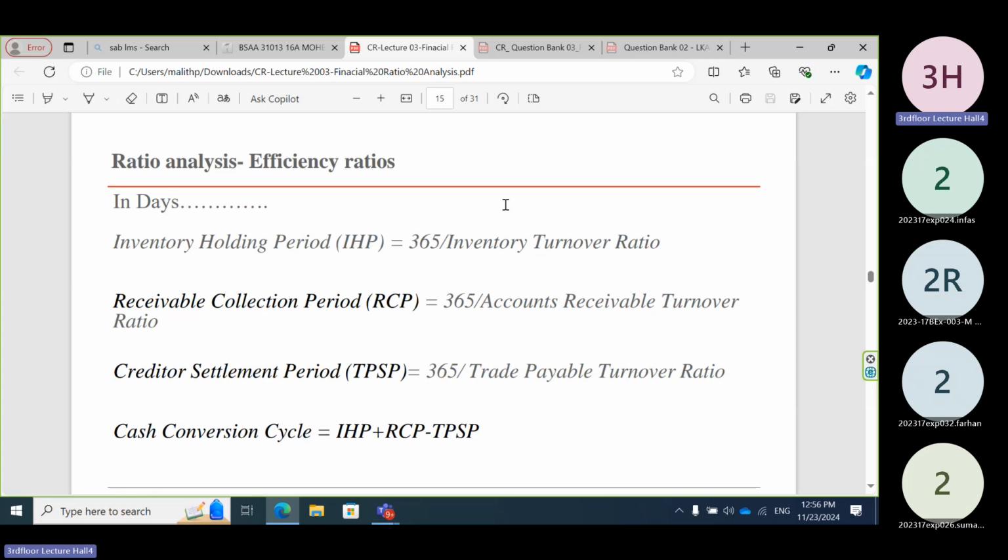That's why we told that if you are significantly getting a higher value for cash collection, your turnover ratio is getting too high. It may be 100, 150, 200, right?